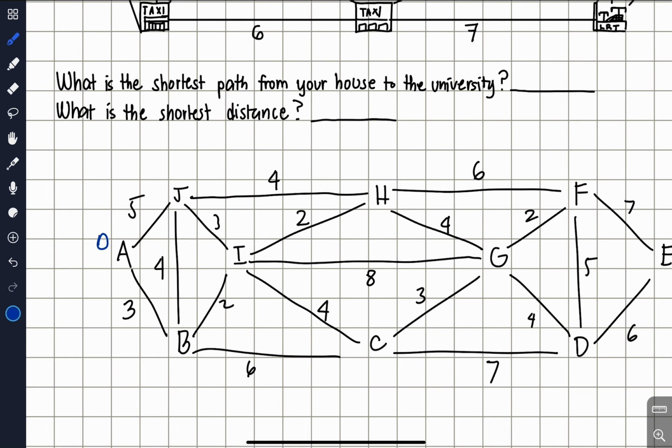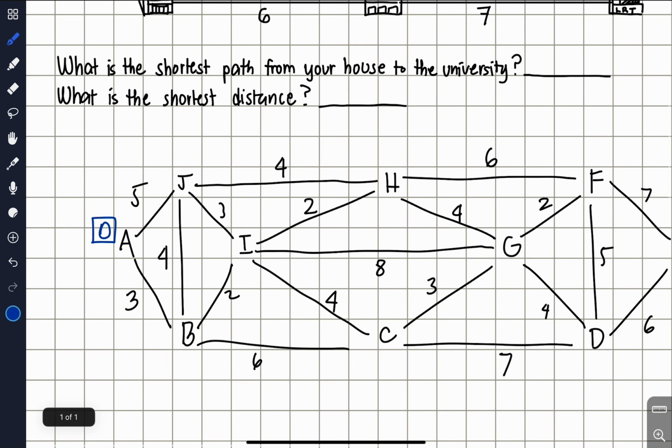Second, we box this number, which is a permanent mark for the rest of the process. So we box 0. Next, label each vertex that is connected to the initial vertex with its distance. We can see that from vertex 0, or A, there are two possible paths, B or J.